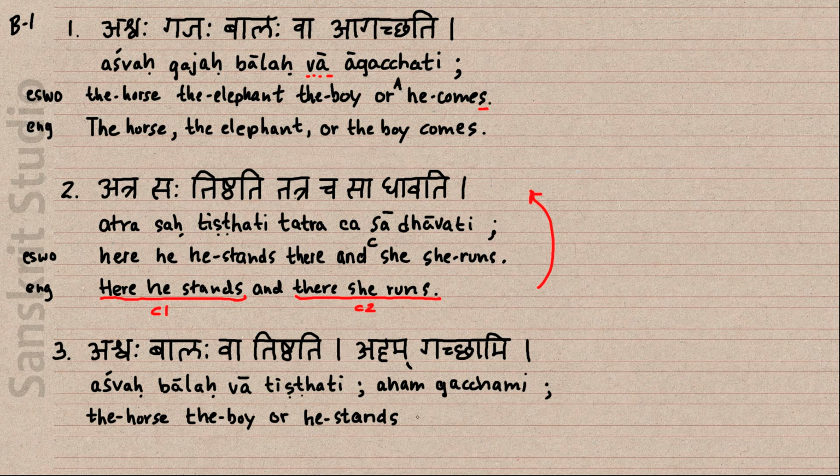Okay, and then we also have I go. There's a gachati here, although it's first person singular. I go, like that, and then so the horse, or the boy, stands.